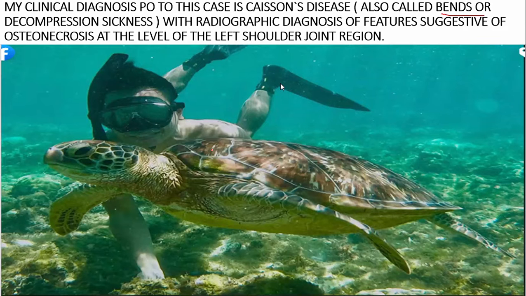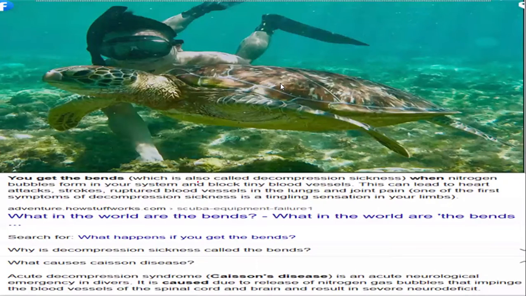So you get the bends, which is also called decompression sickness, when nitrogen bubbles form in your system and block the tiny blood vessels. This can lead to heart attacks because they are blocking. If the blood vessels in your heart are blocked, it can lead to heart attacks.